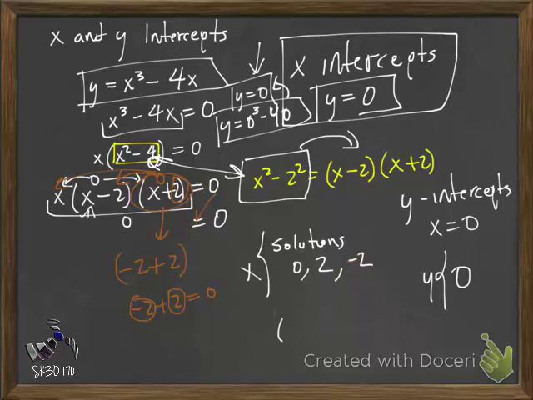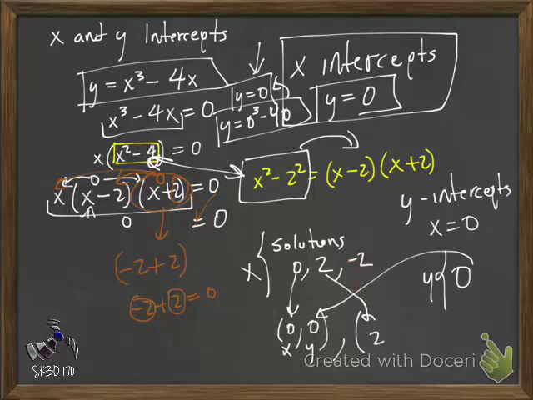So the points in the graph will be (0, 0). Remember, the first is x and the second is y. Another point in the graph will be (2, 0), again because there's only one y solution, and (minus 2, 0).